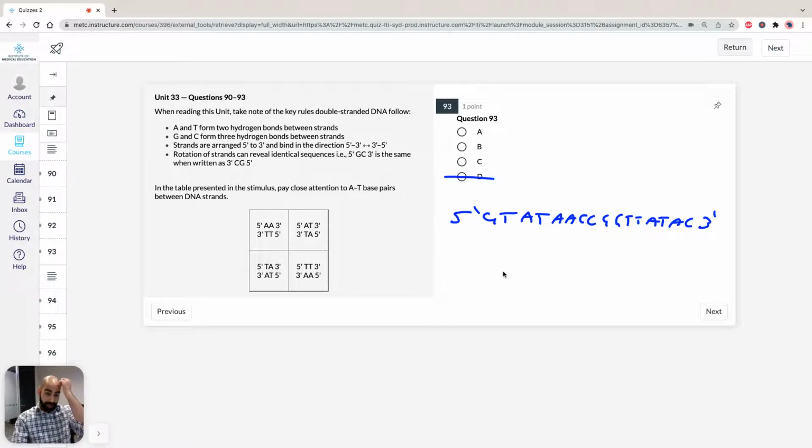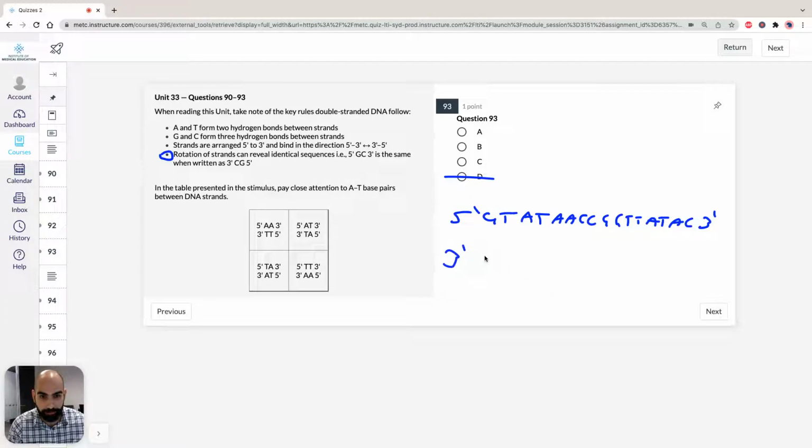So what you would do is, remember, take a note of the rules. Rotation of strands reveals identical sequence. So if we take a look at 3' to 5', how about we write these backwards and see what it is? So 3' to 5', we're just going to go backwards.